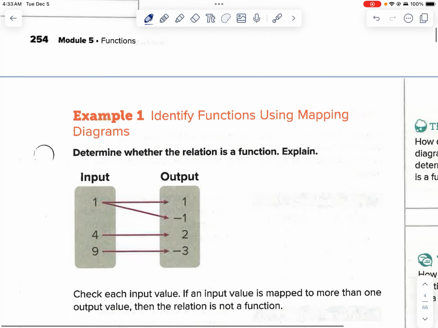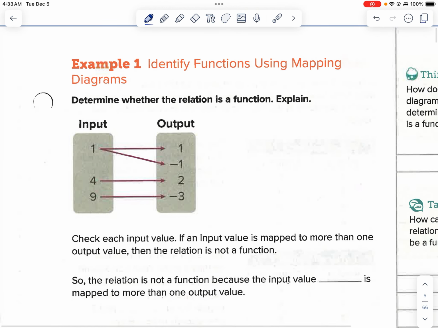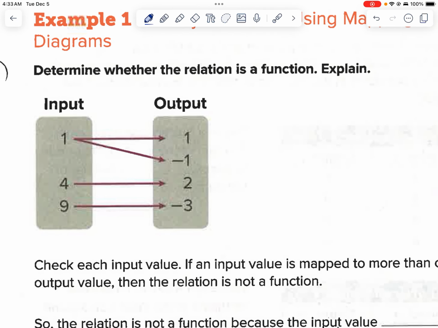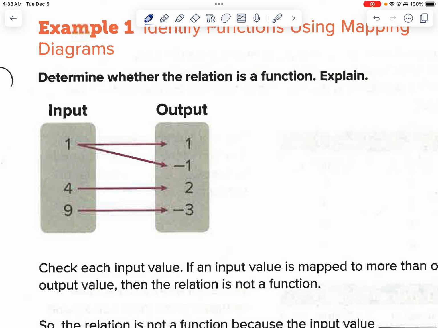Okay, so let's come down here. Is this a function or not? In order to decide whether this is a function, the input values, these values right here, can only go to one output.